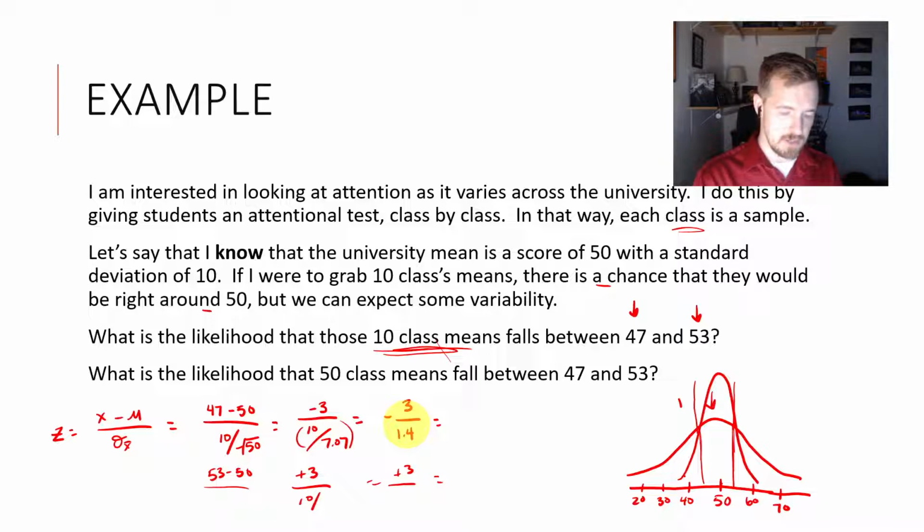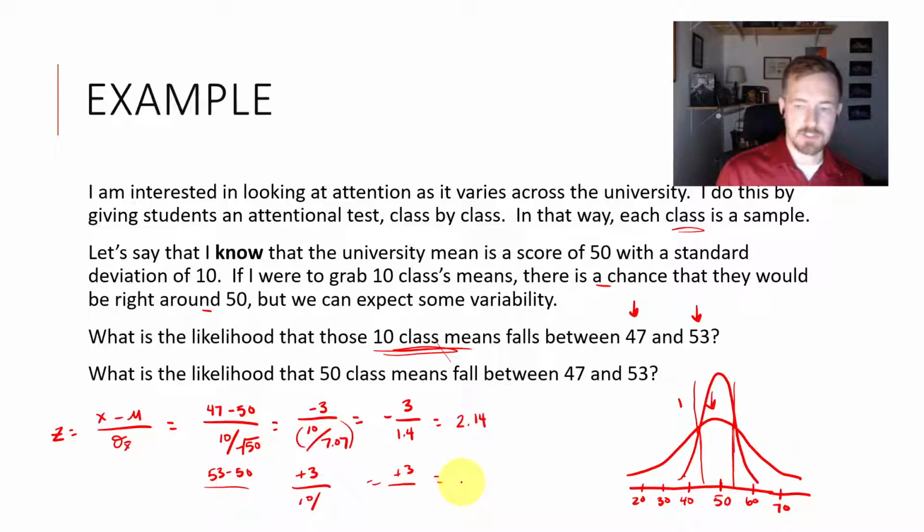So it's going to be negative 3 divided by 1.4. It's going to give me 2.14. Is that right? Yes. Okay. Yes, just making sure.